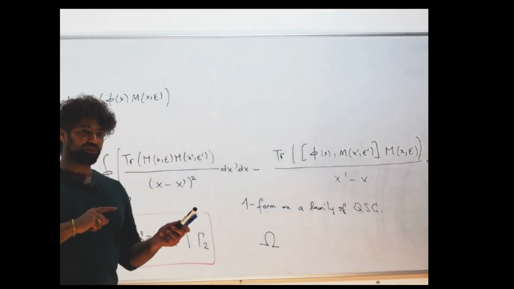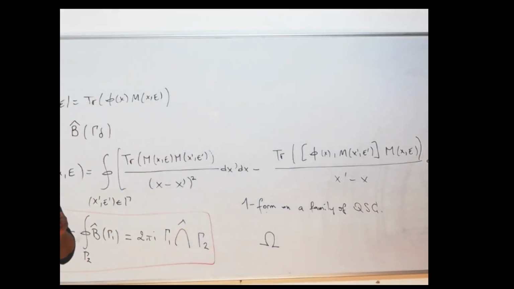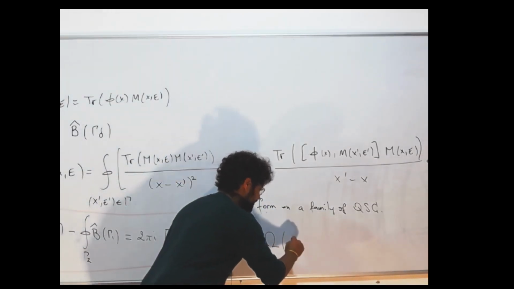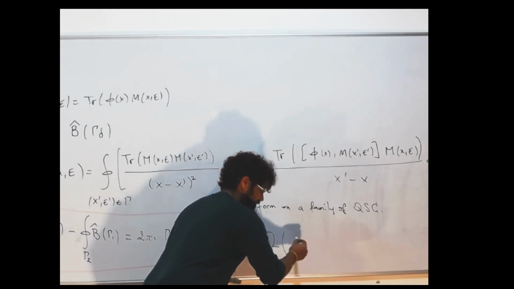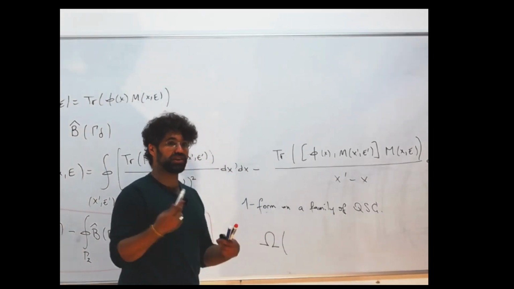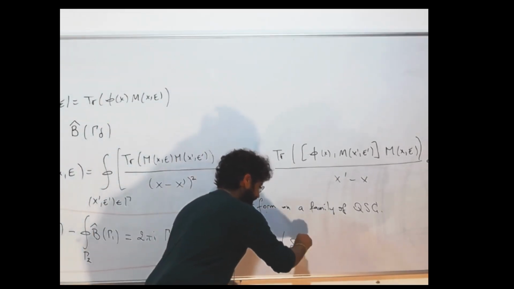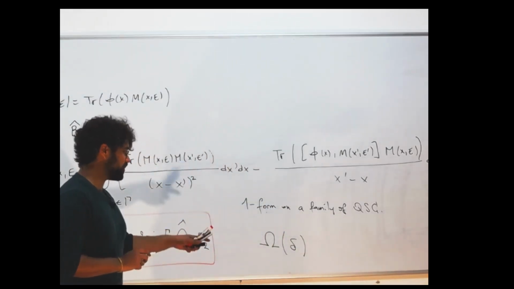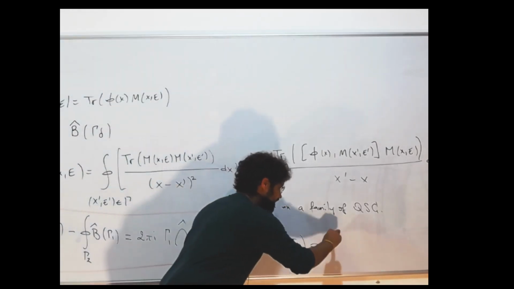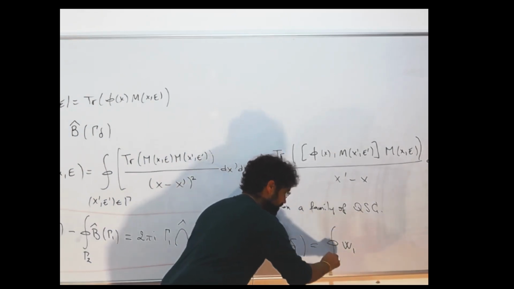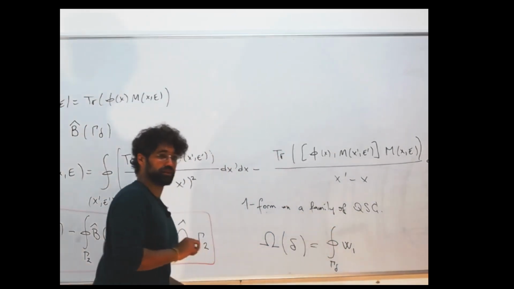So it's a one form, so it takes a tangent vector and gets you out a number. Basically it takes as an input a deformation and gets you out a number. And so omega can define a one form as omega of delta being the integral of W1 over gamma of delta.